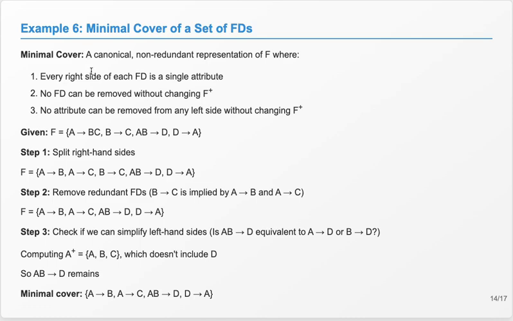Minimal cover is basically a canonical non-redundant representation of F, where every right-hand side of each functional dependency is a single attribute, no functional dependency can be removed without changing the closure of F, and no attribute can be removed from any left-hand side without changing the closure of F. So basically, what minimal cover is doing is trying to find a very simple representation of functional dependencies such that the closure is unchanged.